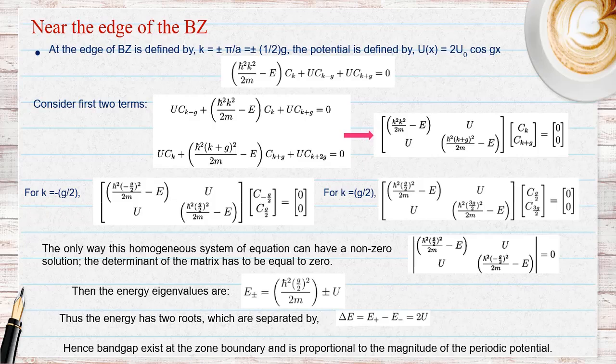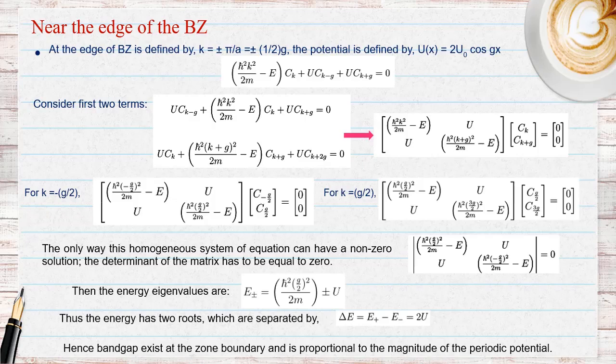And again we substitute k equal to plus g by 2. So you just substitute here with k equal to plus g by 2. We will get another set of equations, corresponding to the coefficients c_(g by 2) and c_(3g by 2). You just work this out.